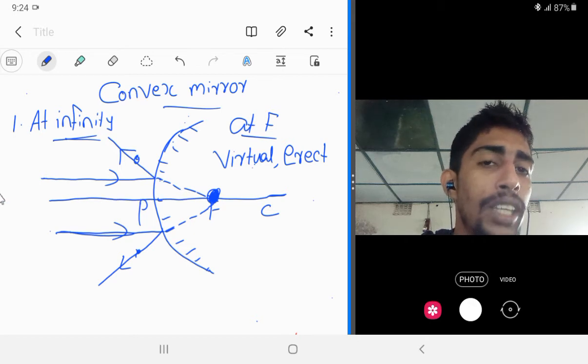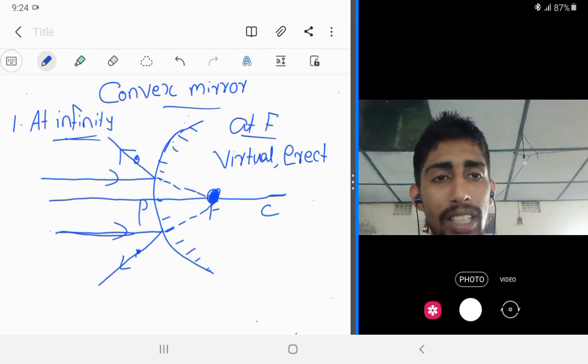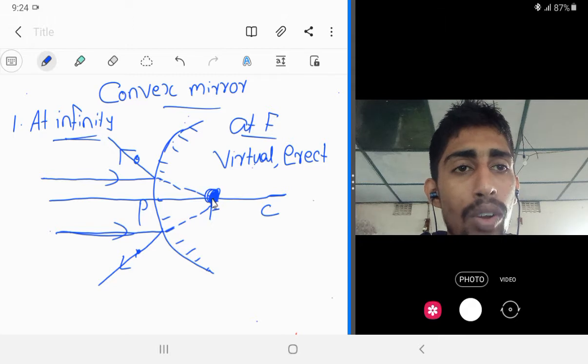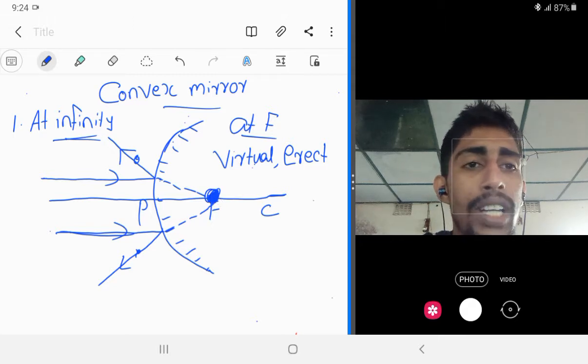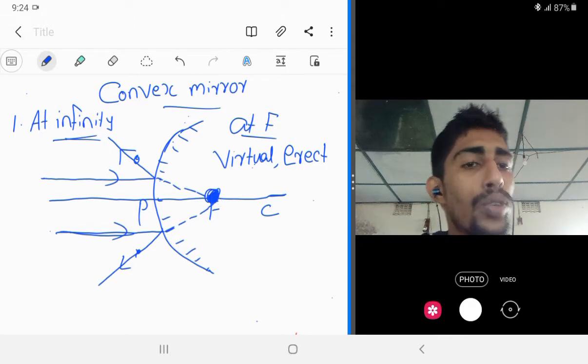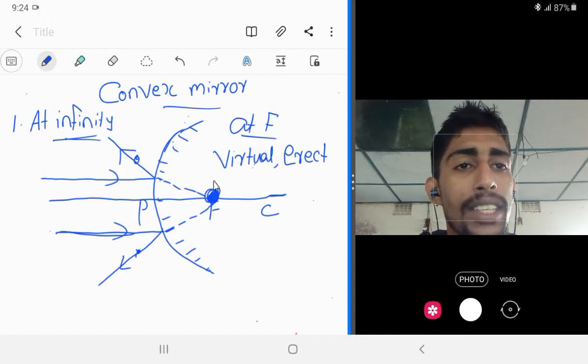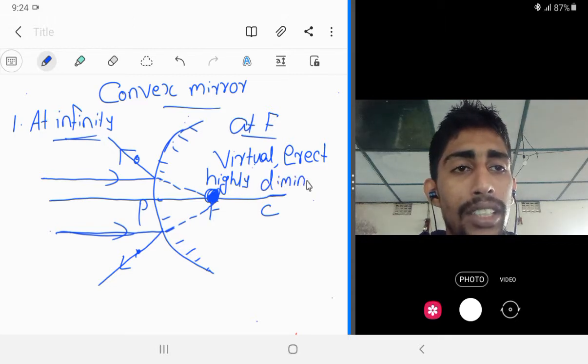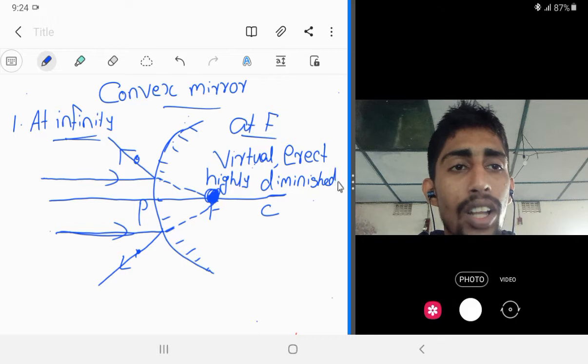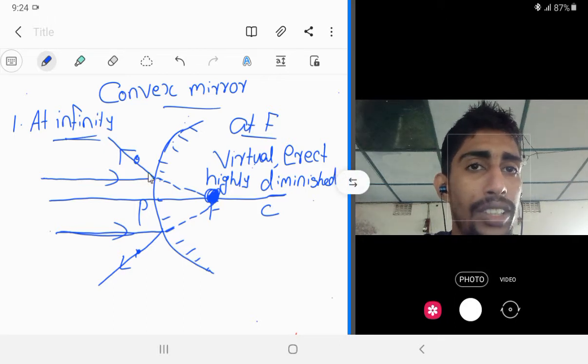The object is very big and we are getting the image at one single point. So we can say that the image is highly diminished. Okay, I hope you understand.